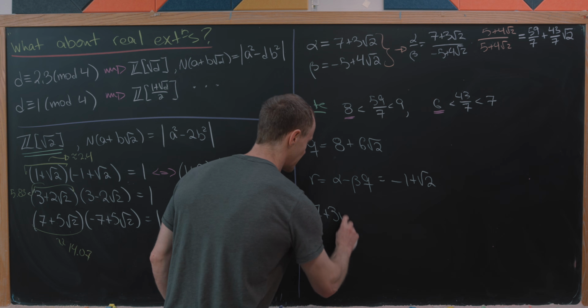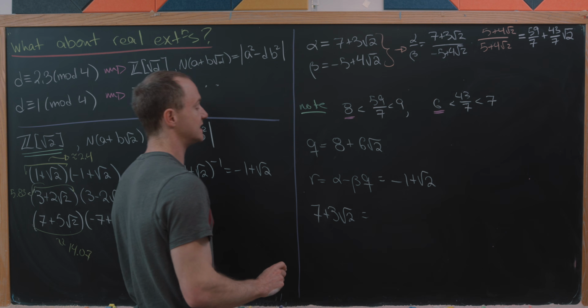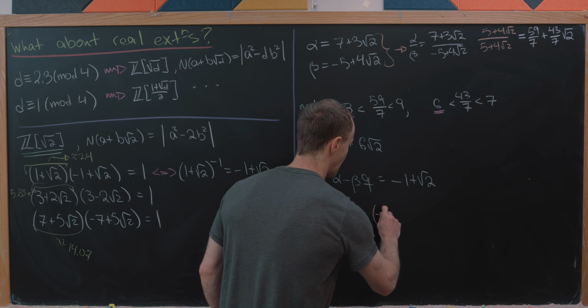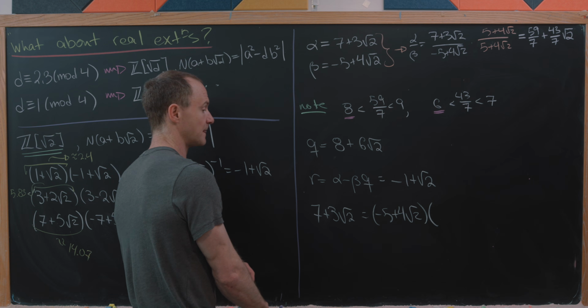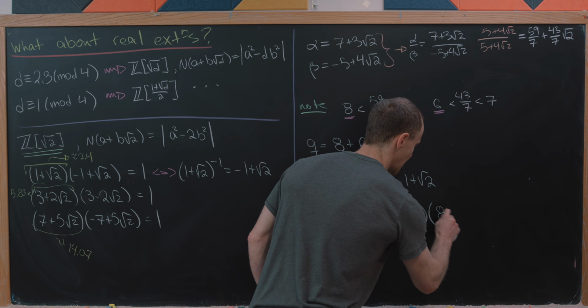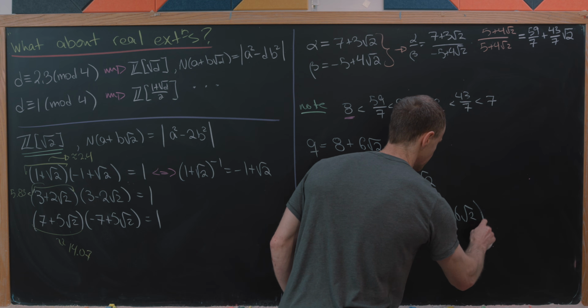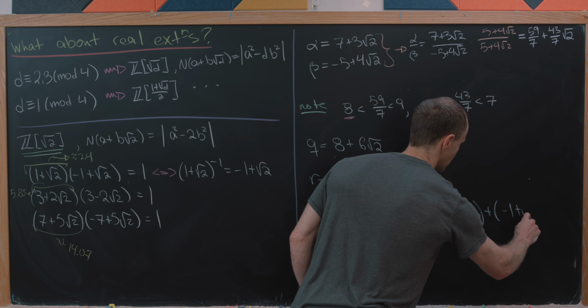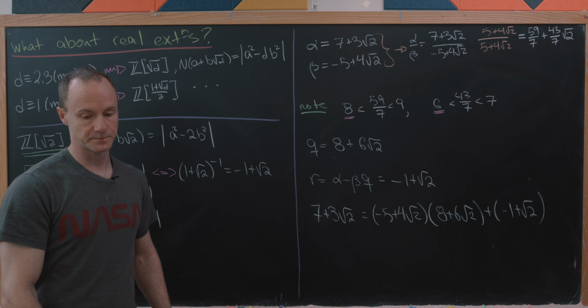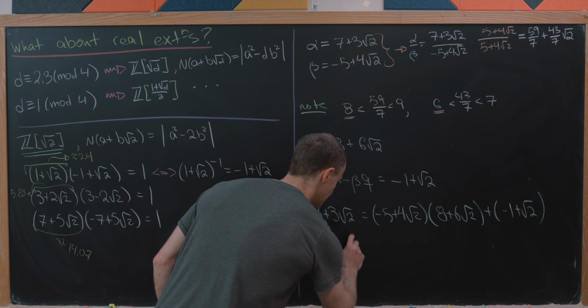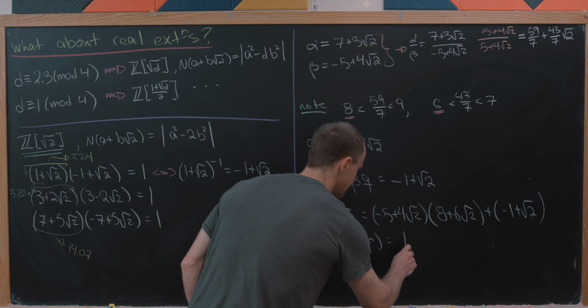So 7 plus 3 root 2 is going to be equal to minus 5 plus 4 root 2, so that's beta, times the quotient, which is 8 plus 6 root 2, plus the remainder, which is negative 1 plus the square root of 2. But now let's notice that the norm of our remainder is equal to 1.